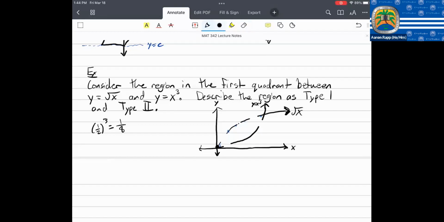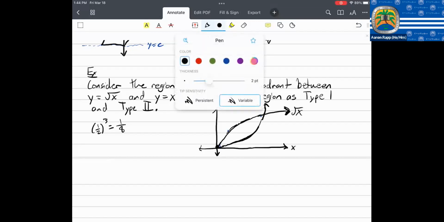Well, where do these two functions intersect? That's a good question.